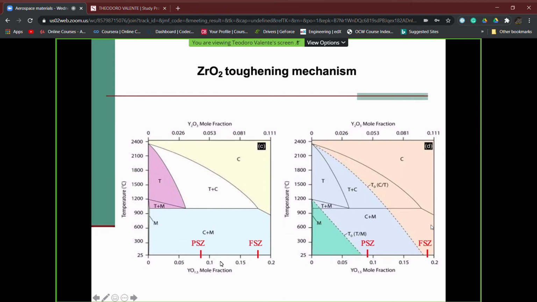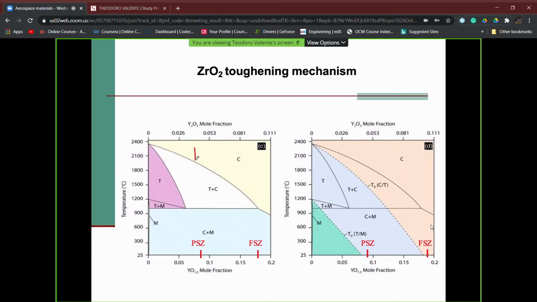And so depending on the amount of the yttrium oxide that we are going to use, we can have at room temperature situations in terms of thermodynamical stability which are different from those of pure zirconia.